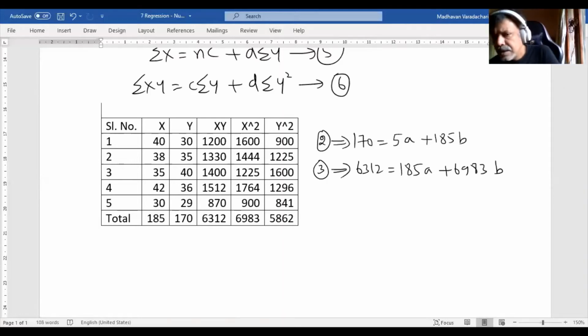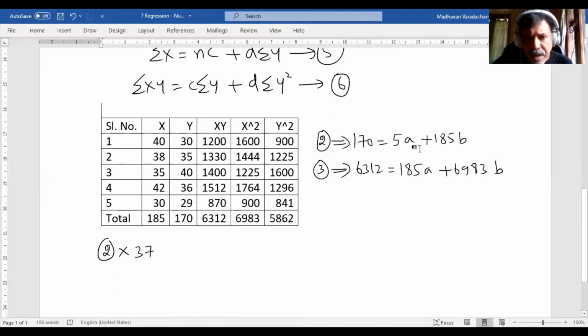If we notice this 5, let me find out what is 185 by 5. I'm getting 37. That means if I multiply the second equation by 37, instead of 5 we can get 185, so that subsequently I can eliminate a.